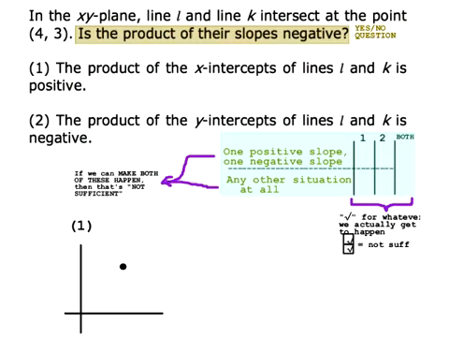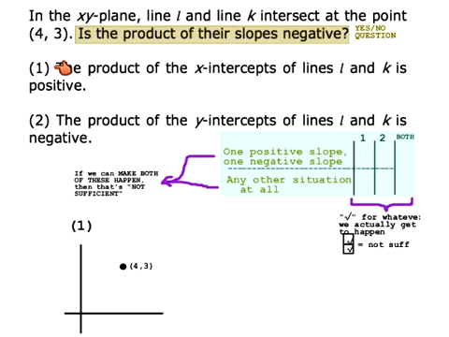So let's just put that point on there. The product of the x-intercepts is positive.